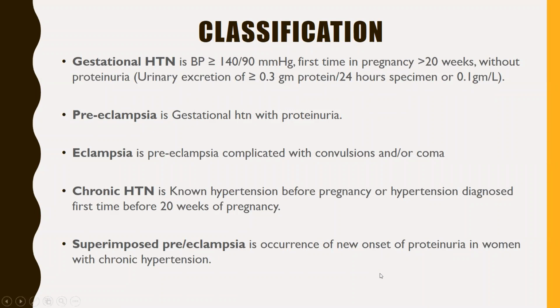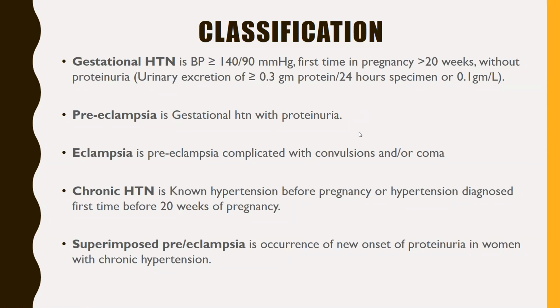So we find hypertension to be a blood pressure of 140/90 millimeters of mercury or higher, for the first time in pregnancy. The patient has never presented with hypertension before, and this should be at a gestational age greater than 20 weeks.